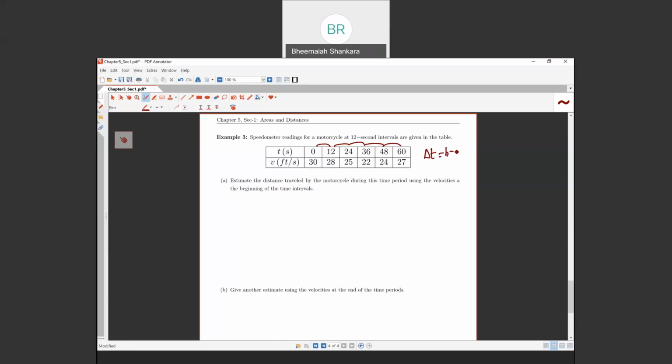It's b minus a divided by n, which is 60 minus 0 divided by the number of values, which is 5, and your answer is 12. Or you can read this carefully and understand that delta t is 12.